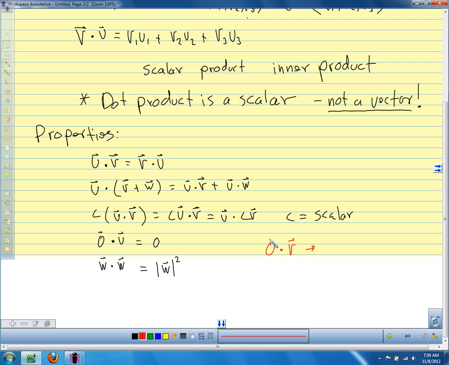Right, so if we had a scalar, if we had 0 times v, then that would be the zero vector, yes.